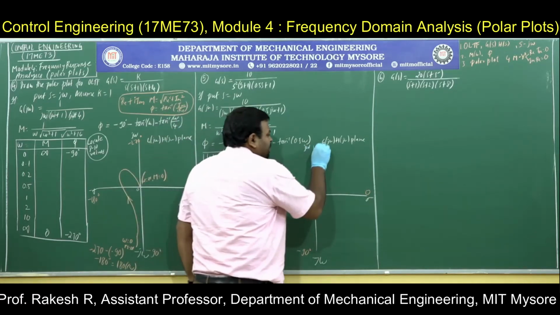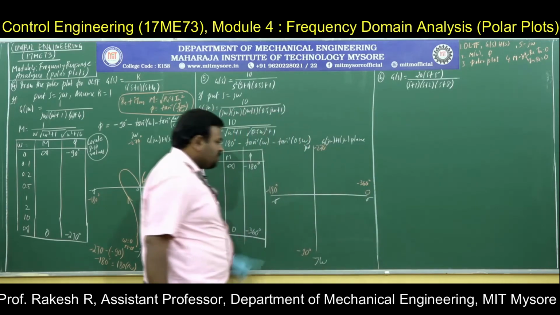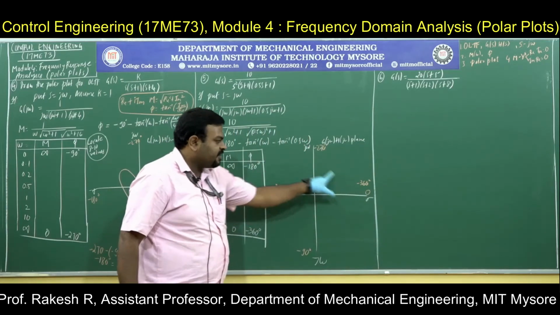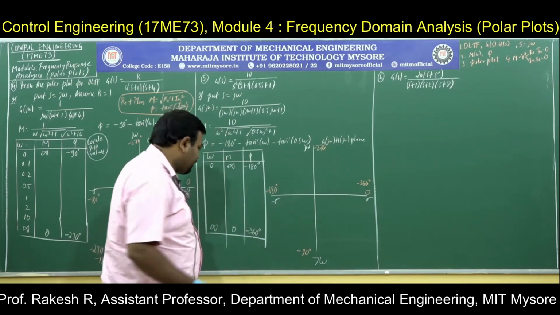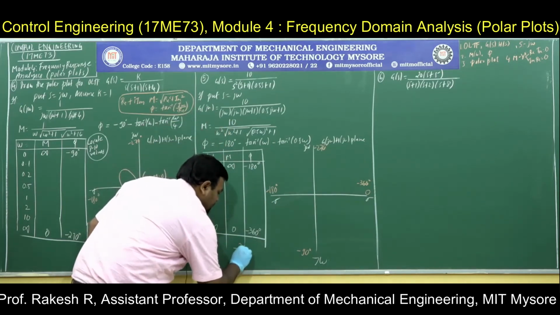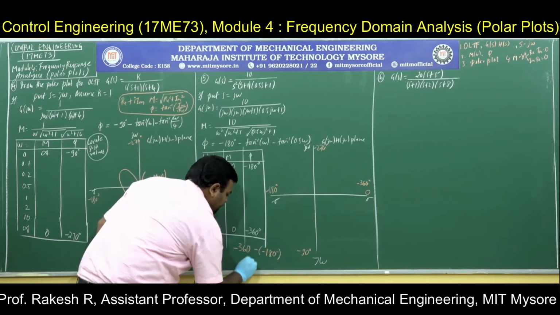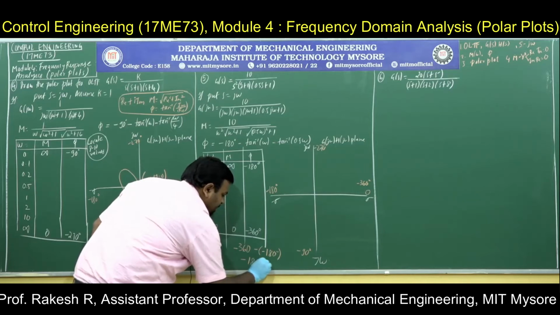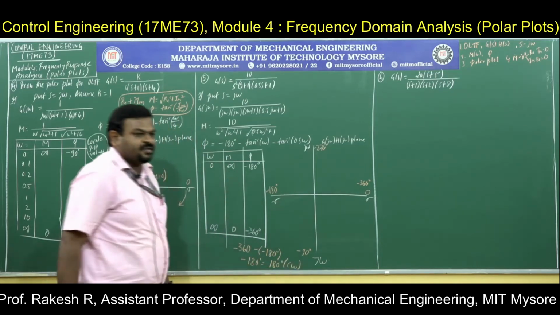Move again: minus 270 degree, minus 360 degree. So the plot can start from here to here or here to here. For that you need to know the direction. So minus 360 minus of minus 180 will be 180 degree with minus. So 180 degree minus indicates it is a clockwise direction.